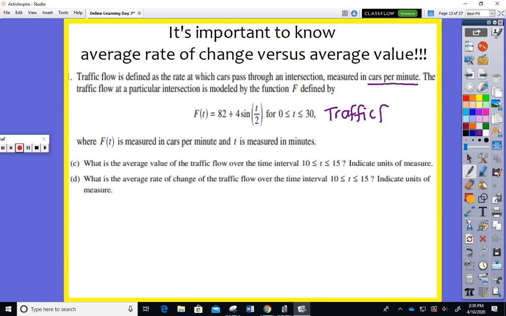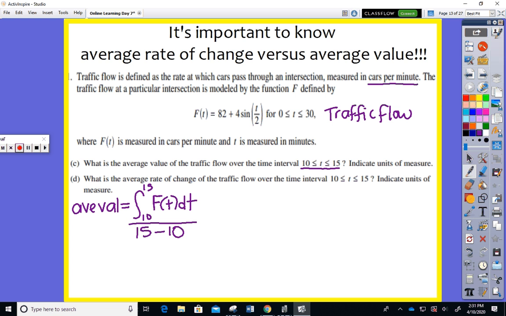So what's the average value of the traffic flow? Okay, so when it says on the interval 10 to 15, so I know on part C the average value is the integral over the interval, and the interval would be 15 minus 10, and the limits of the integral are 15 and 10. So that's always going to work out that way. Of what? Guys, just write f of t dt.